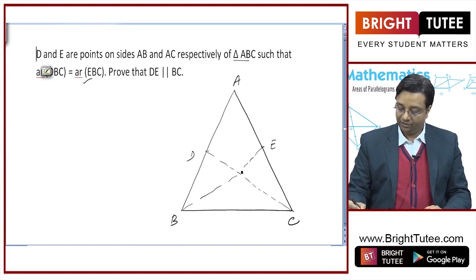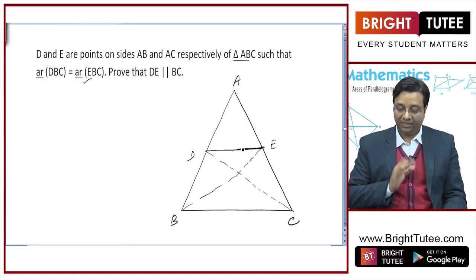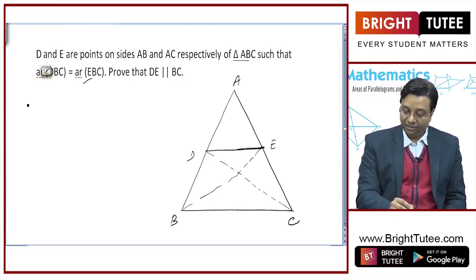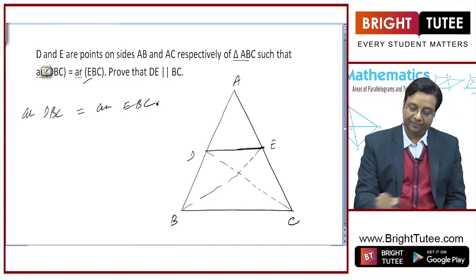So this is equal to this area. Now we need to prove DE is parallel to BC. This question is a 5 seconds question, as you know area of DBC is equal to area of EBC.